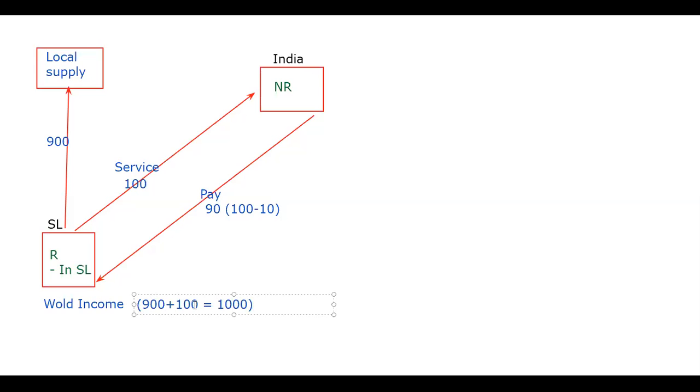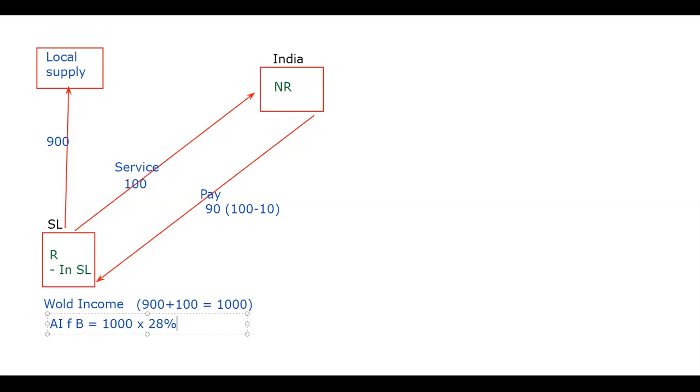Because we are subject to tax on world income, assume no deductions and no allowable or disallowable adjustments, then the entire 1000 we will consider as assessable income from business and tax at 28% as a normal company.